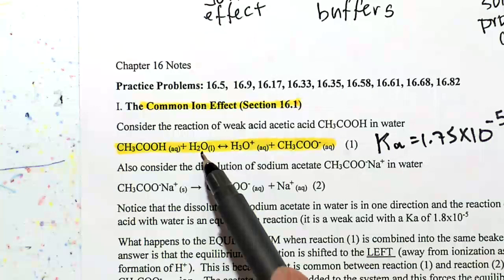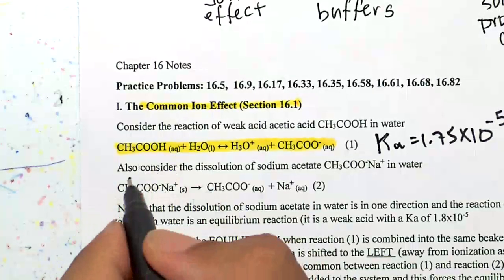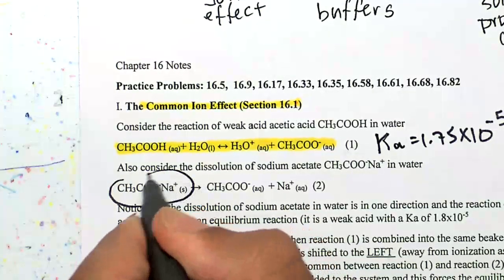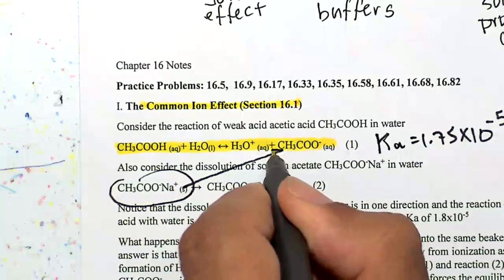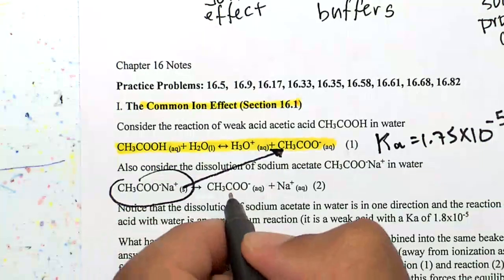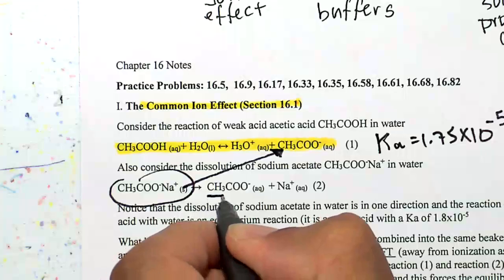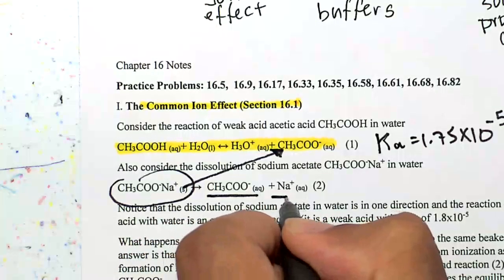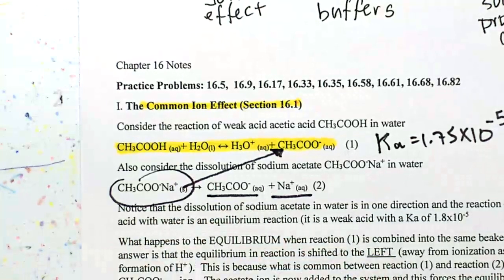Now imagine we take this acetic acid and we dump some sodium acetate into it. Sodium acetate in water dissolves into its component ions, acetate ion and sodium ion.